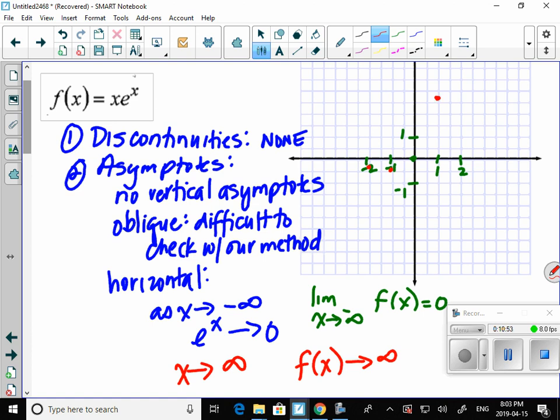We know that we have a minimum, this one. And we have a point of inflection at that one. And so our curve goes to the sky, because we looked at the end behavior as x approaches infinity.